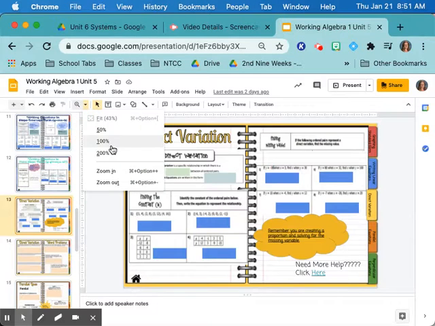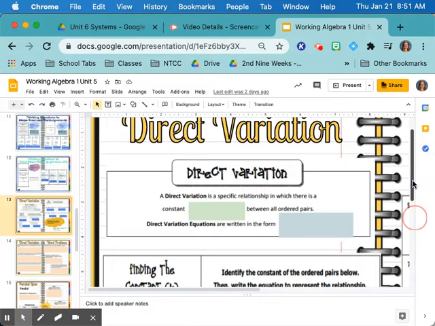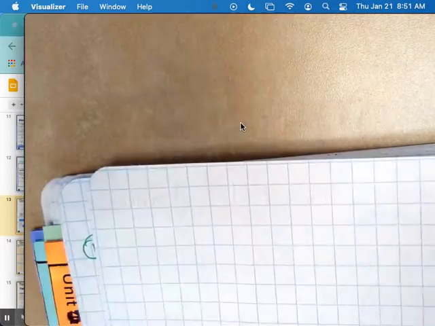Today we're talking about direct variation. So we are going to take some notes in our journal before we get started. So let's open up our journal and title this page, Direct Variation.